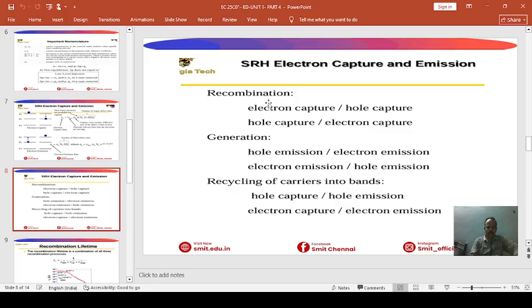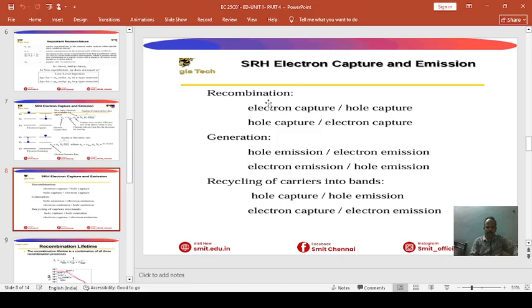So the SRH recombination and generation is a very important one in semiconductor physics. The trap centers can cause both recombination as well as generation. The recombination occurs when the electrons and holes meet and annihilate. The generation occurs when carriers are created through trap levels.